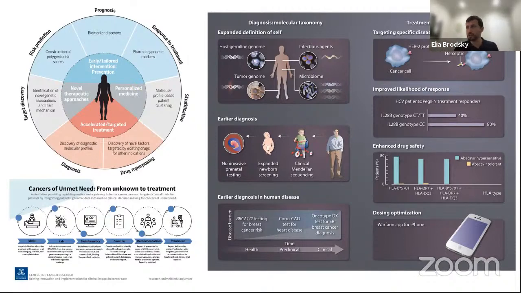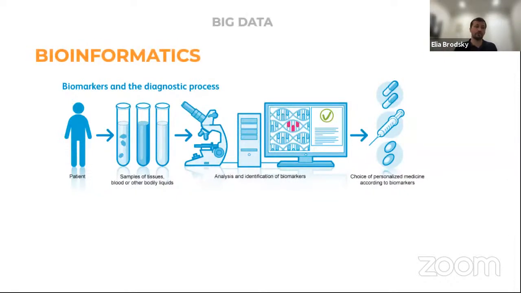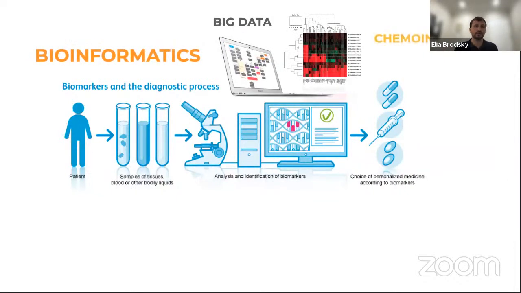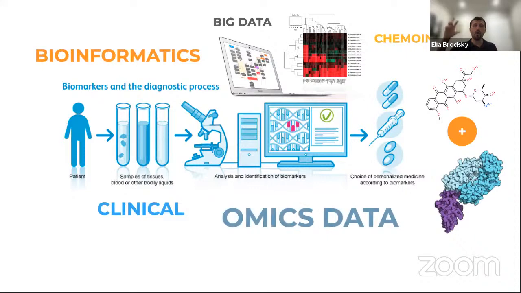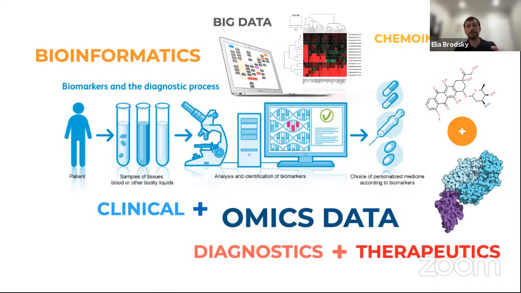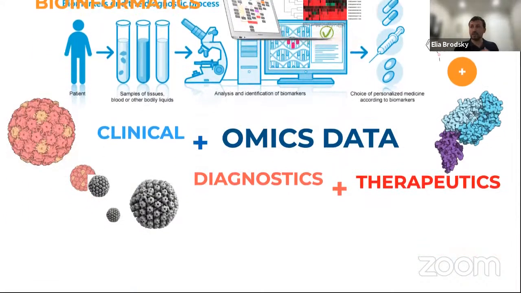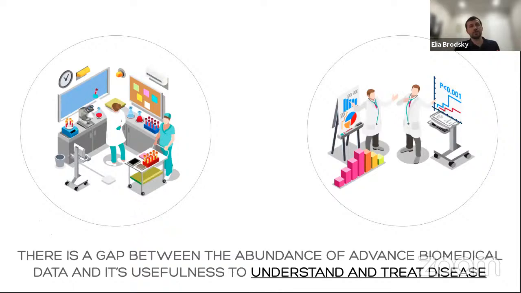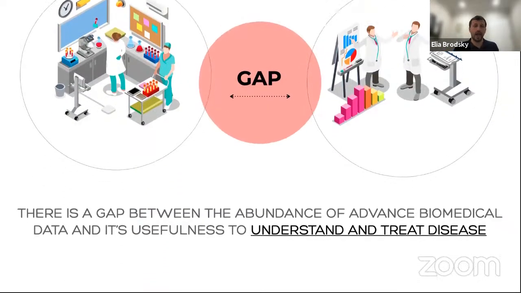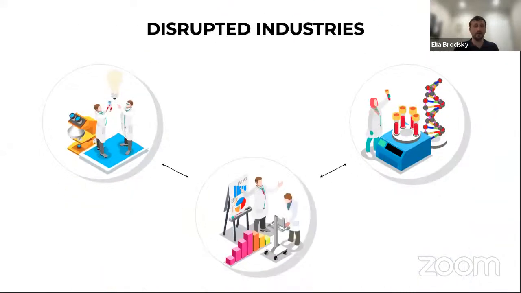But at the core of this problem is the integration of data. At the core of this, we need to understand how all of these pieces of data, bioinformatics, chemoinformatics, clinical data, how do all of them tie together to provide us with a better sense of diagnostics and therapeutics. And the problem is that this is really creating a gap in understanding as well as a gap in industries that are trying to address this gap.